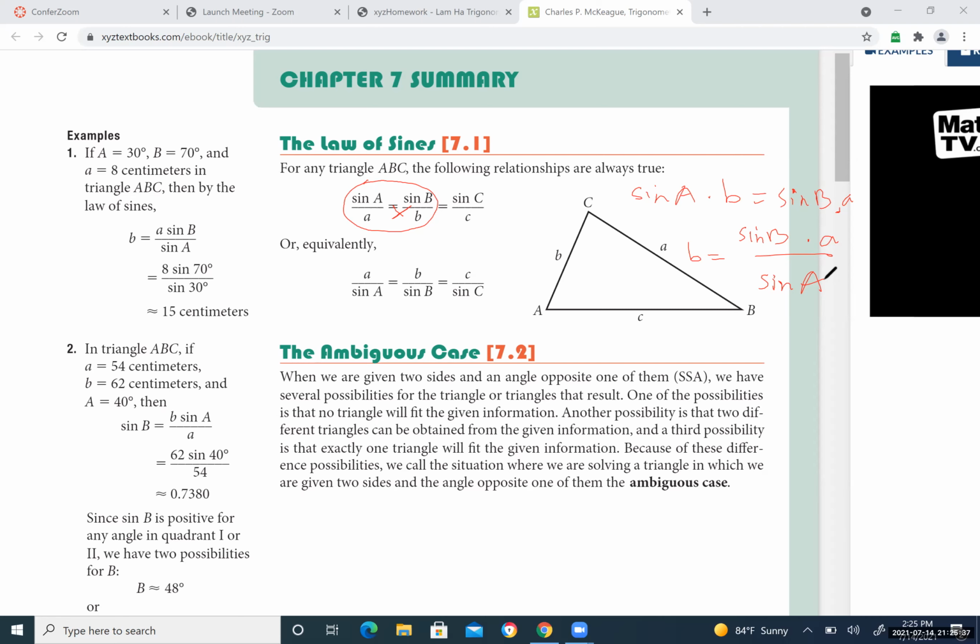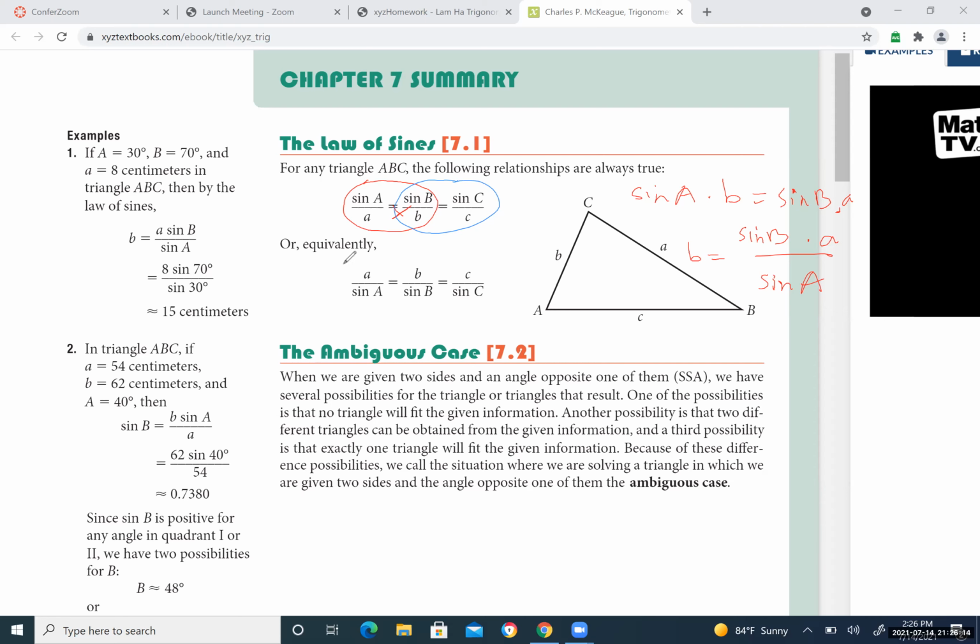Similarly, if they give you this pair, you do the same thing. Or even if they give you sine A divided by small a, equal to sine C, but they're not given small c, you do the same thing. So you only need to choose two pairs out of any other pairs. But remember the way that they're setting up this triangle, okay? So that you can apply it correctly, see?